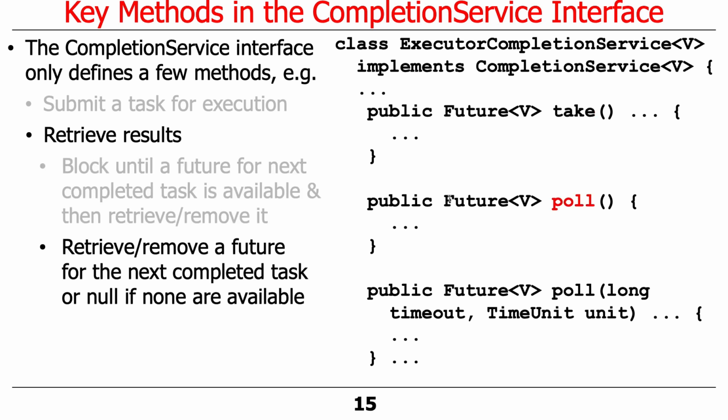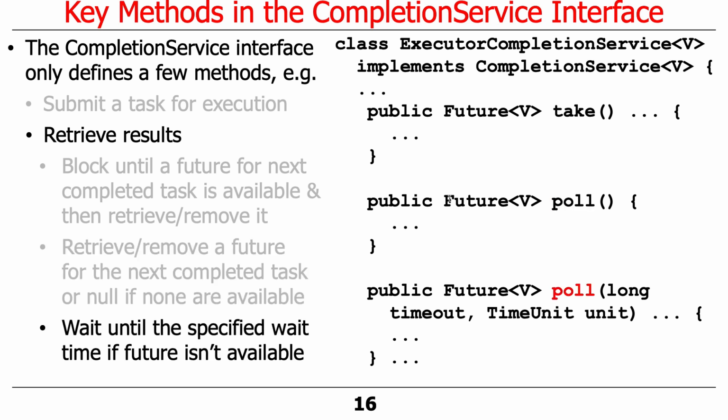Then there's also a method called poll, and as you can see, poll basically will just return either the next element if there is one ready to go, or returns null if there's nothing on the queue yet. And if you want to wait a little bit longer than just impatiently polling, you can also do a timed poll. That says, I'll wait for up to some amount of time in order to be able to get the results.